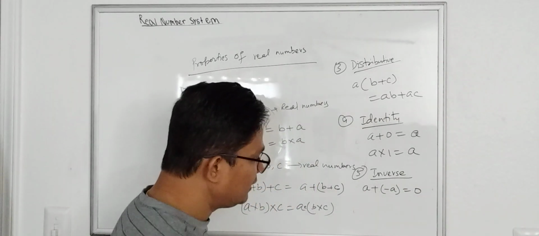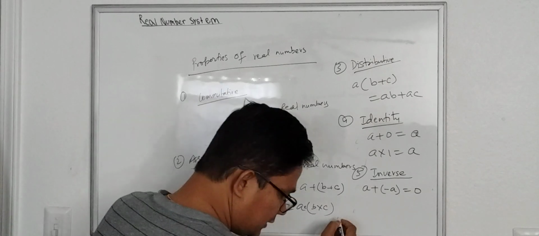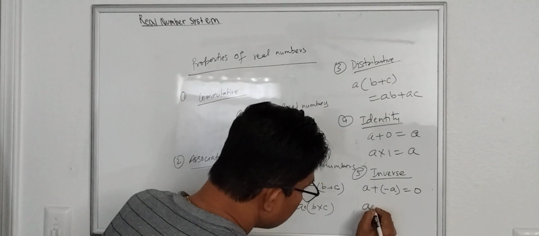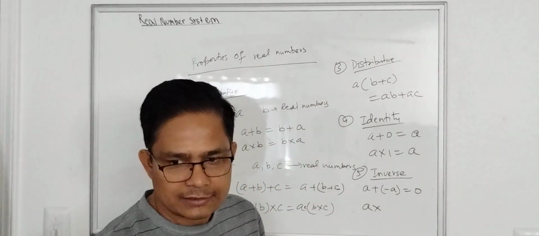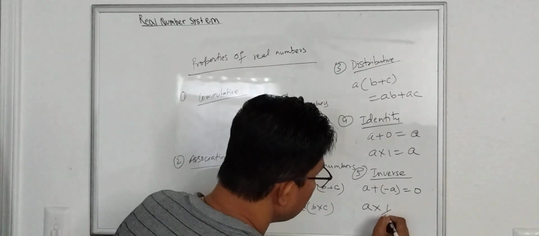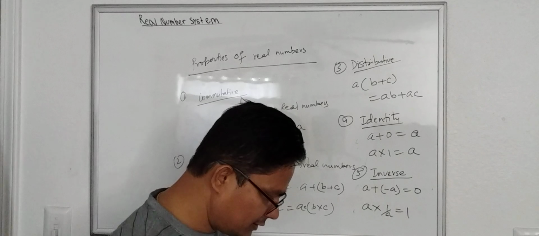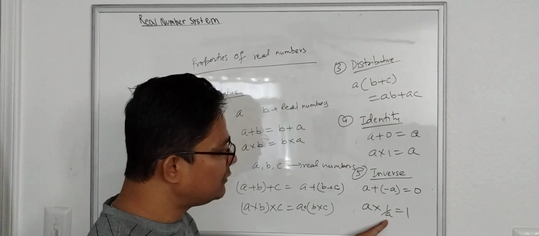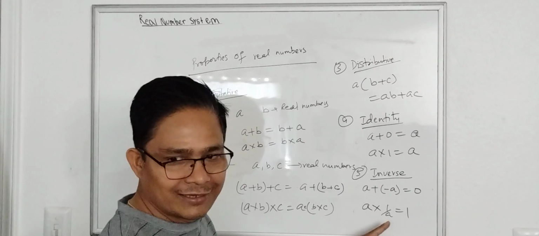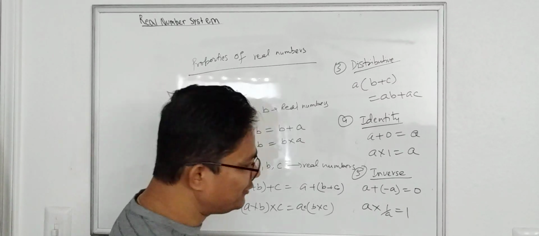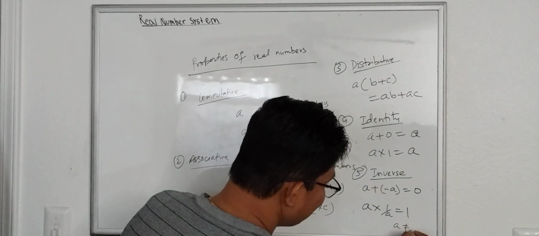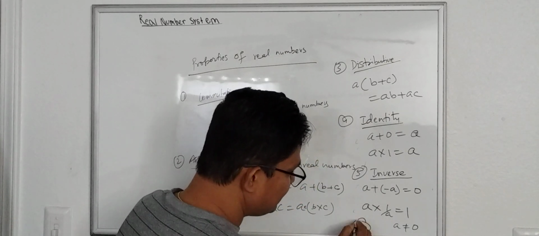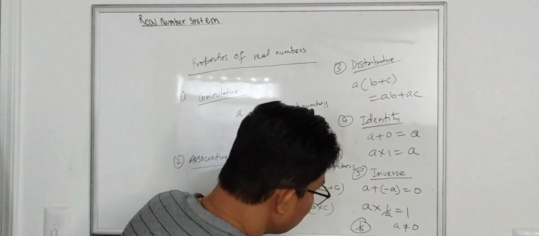And in terms of multiplication, if you multiply a real number by its inverse, it gives you 1. The only condition, can you tell me what condition should not be here? A should not be equal to 0, because if A is 0, then we have the situation 1 by 0, which is undefined.